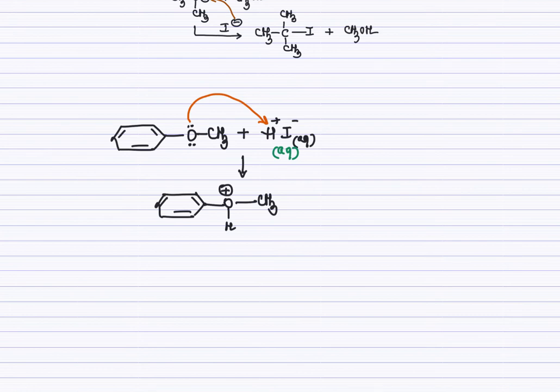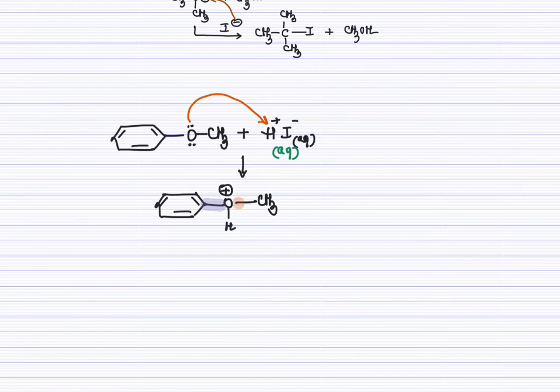now there is a possibility of 2 bonds to break. Here either this bond can break, in that case we get methanol and iodobenzene. Iodine goes here, and if this bond breaks, then we get phenol and we get iodine with CH3 to form methyl iodide. Now remember the rules here.